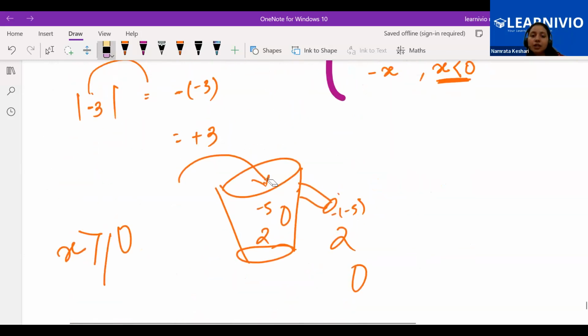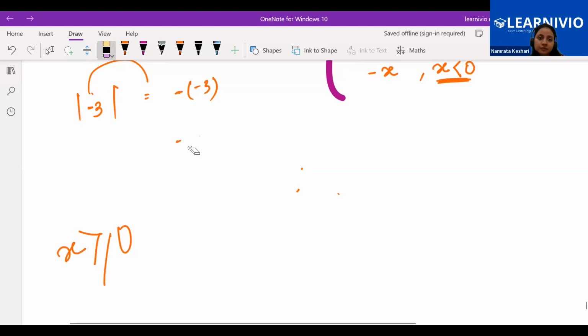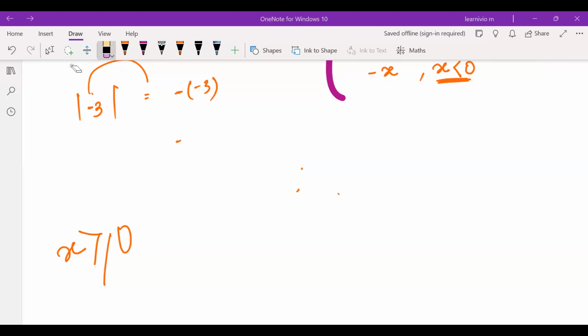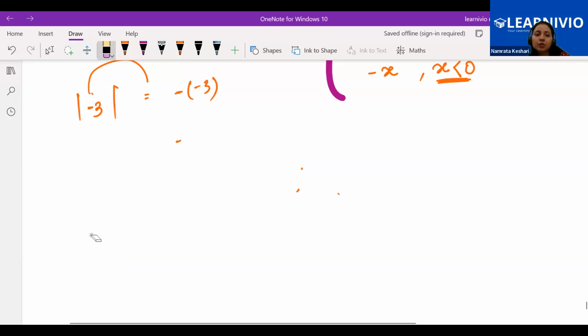And how will the graph of the modulus function look? Let me draw the graph. Yeah, the modulus function graph will look like this.